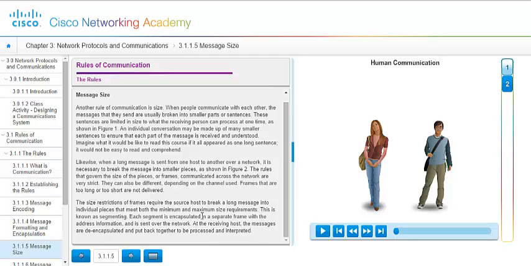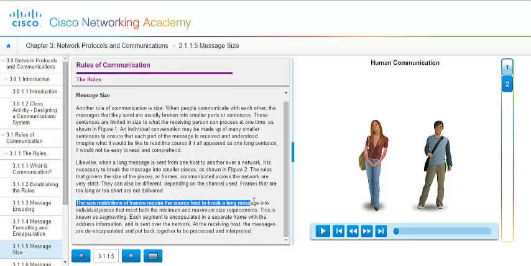And if the message is too large, your computer is going to break that package down for you into reasonable sizes. The size restriction of frames requires the source host to break a long message into individual pieces that meet both the minimum and maximum size requirements. This is known as segmenting.